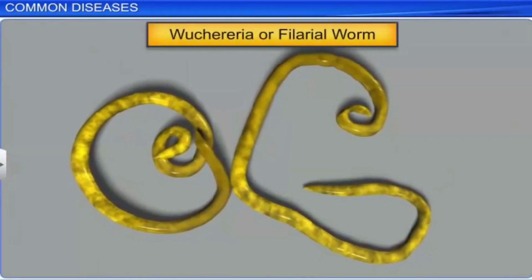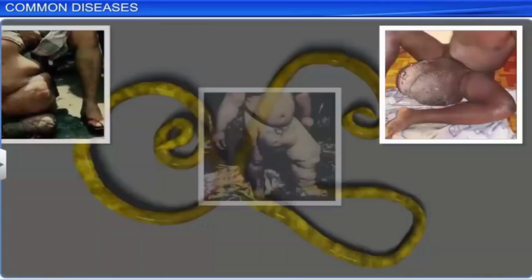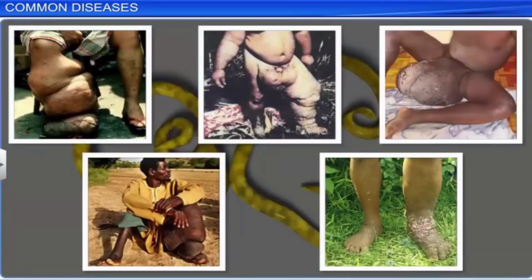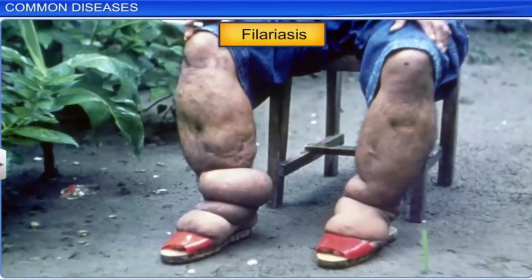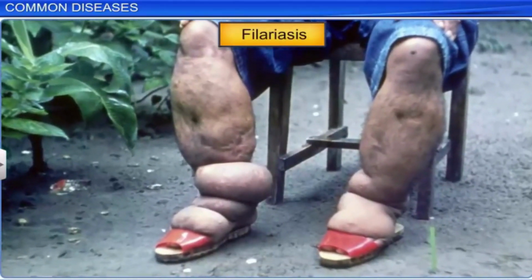Wuchereria bancrofti is a filarial worm that causes a disease called elephantiasis or filariasis. Filariasis is characterized by chronic inflammation of the organs. The filarial worm occupies the lymphatic system, usually in the lower organs such as the legs, where they continue to live for years.